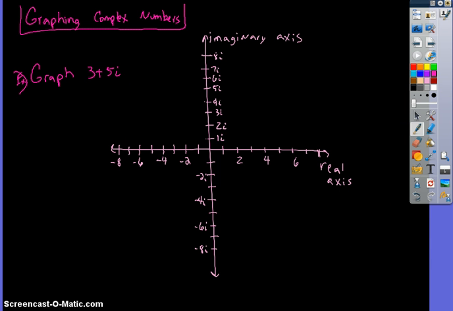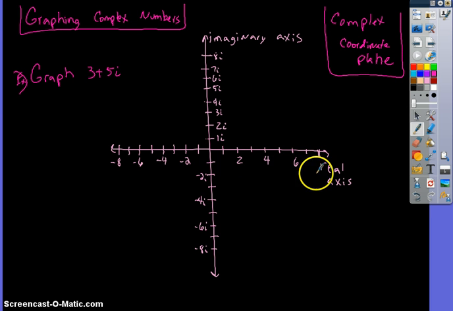All right, last topic dealing with complex numbers is graphing them. If I want to graph a complex number, I need a complex coordinate plane. We have a real axis, which is your real numbers, and an imaginary axis, which is your imaginary numbers: 1i, 2i, 3i, 4i, 5i, and so forth.